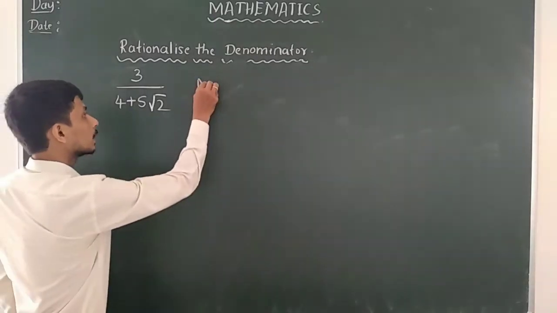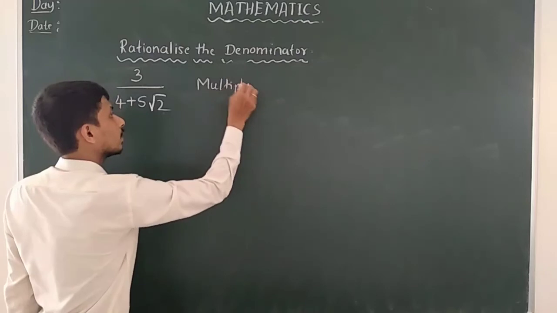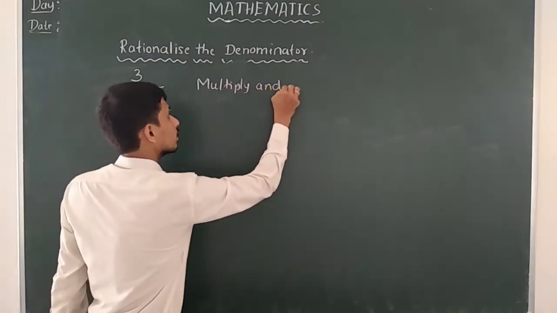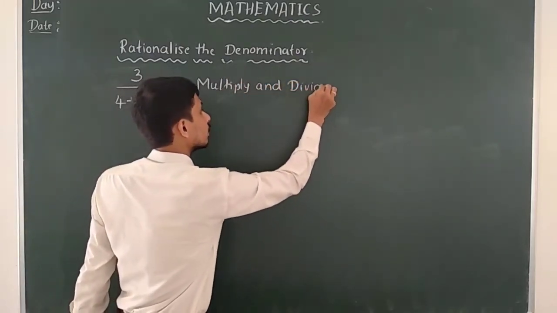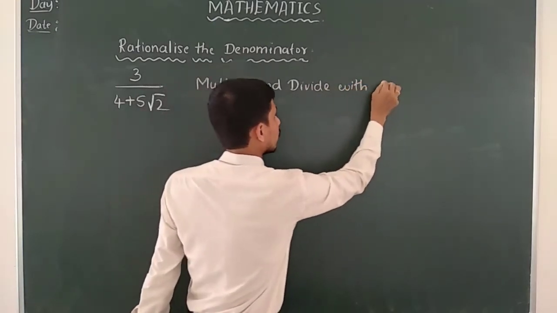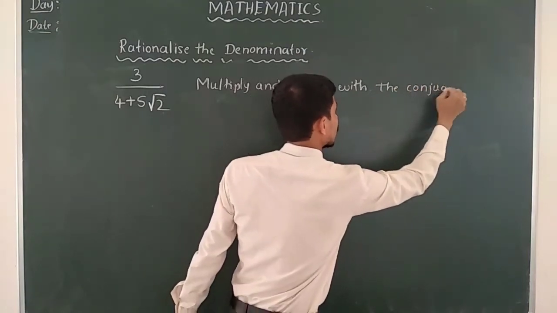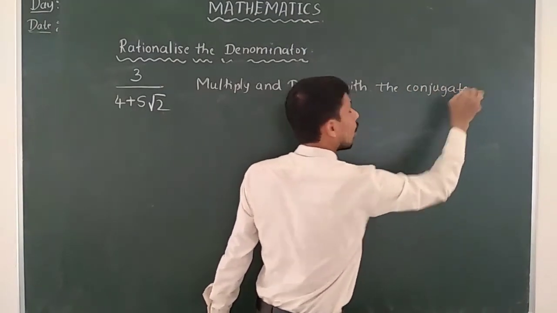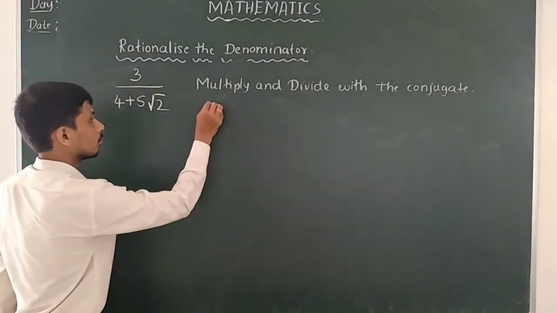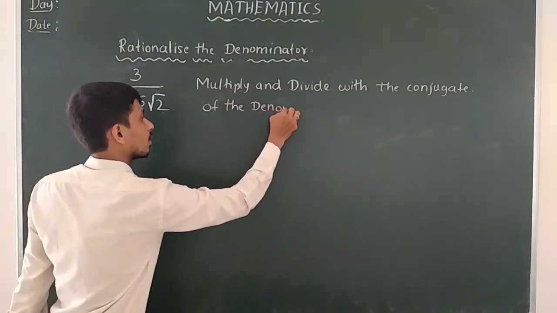It means multiply and divide with the conjugate of the denominator.